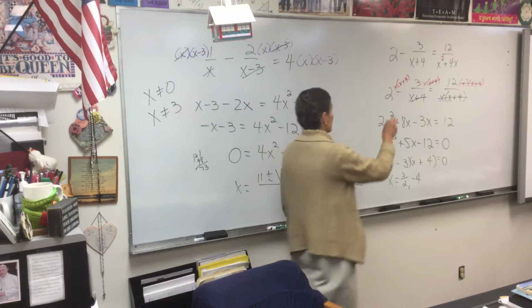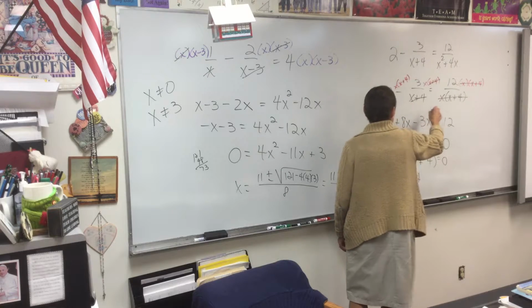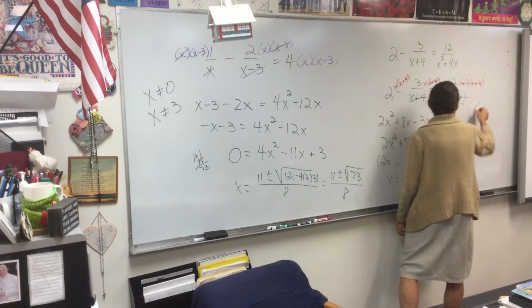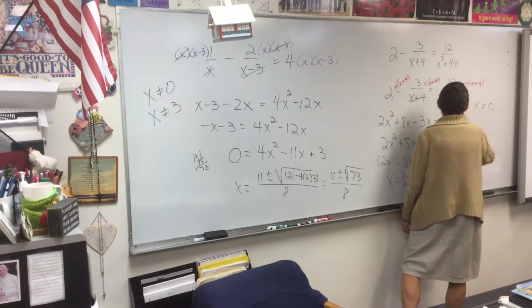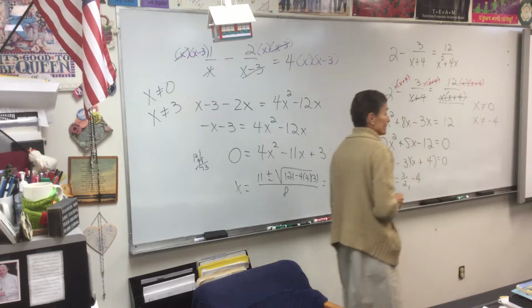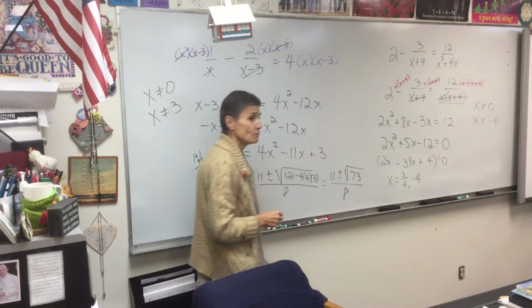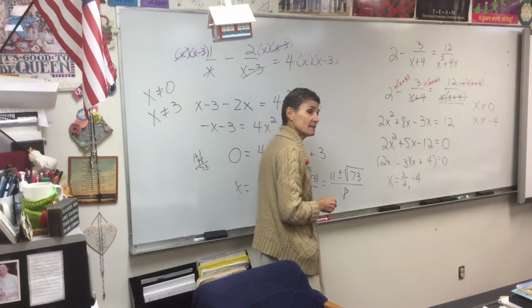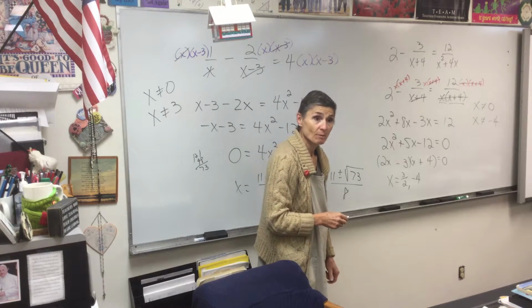But time out. Back in the very beginning, x cannot be 0 and x cannot be -4, because those two values, we call them excluded values, would make the denominator 0.